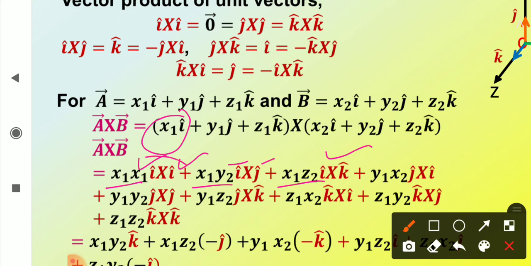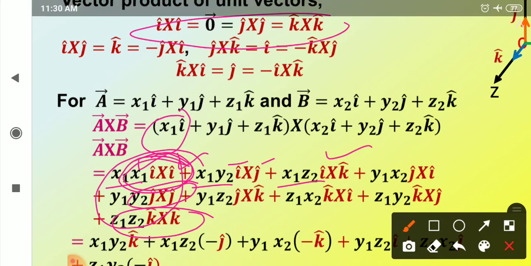You will get three terms like I cross I, j cross j and k cross k. They all become 0 according to this.